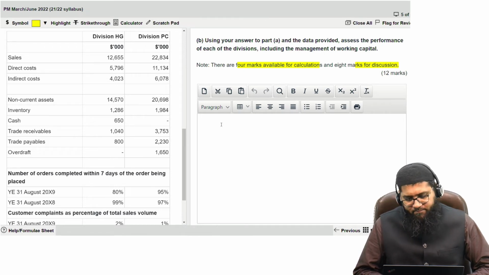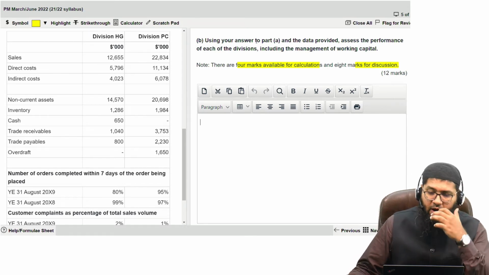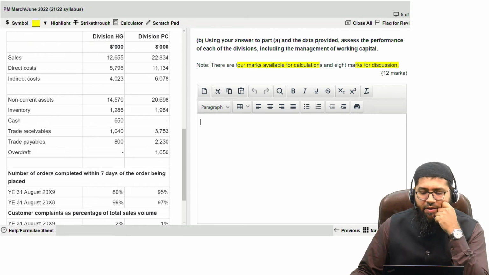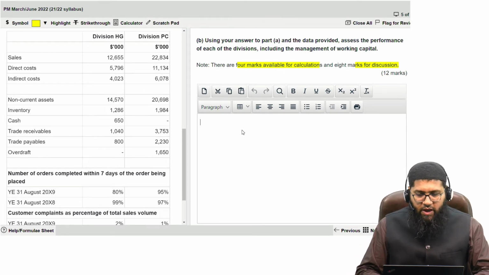Yeah, is it done? Let's have a discussion on this. It says using an answer to part A and the data provided, assess the performance of each division, including the management of working capital. Number one, I would calculate the ROI based on controllable profit.